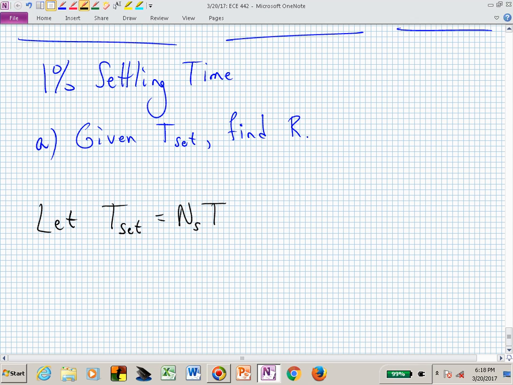That's what we will use. Here, N sub S is the number of sample periods, and so I might play fast and loose. I might say the settling time is N sub S, or I may say the settling time is T sub settle. And T, just without any subscript, is our sample period.